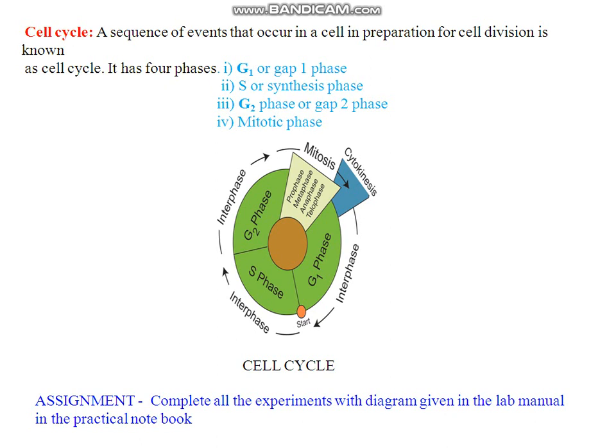Now I am going to discuss the cell cycle. Cell cycle, the definition: a sequence of events that occur in a cell in preparation for cell division is known as cell cycle. It has four phases: G1 or gap 1 phase, S or synthesis phase, G2 or gap 2 phase, and mitotic phase.